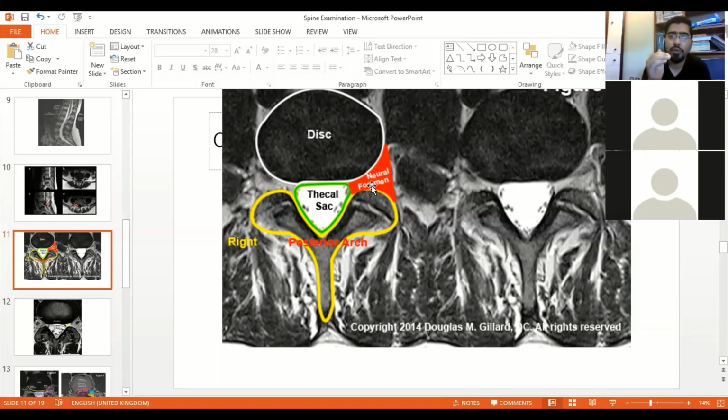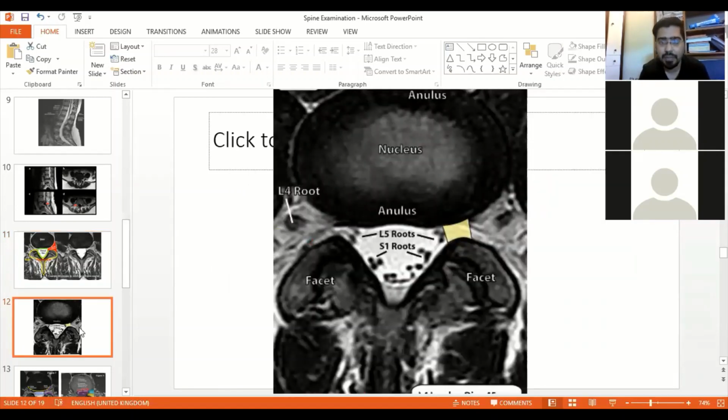For example, in L4 and L5, the traversing nerve root will be at this level, L4, and L5 will be at this level, like this slide. L5 nerve root and L4 is there. So this is the L4 level, because as you know, at the L4-5 level, the traversing nerve root is L4. The actual traversing nerve root is L4.